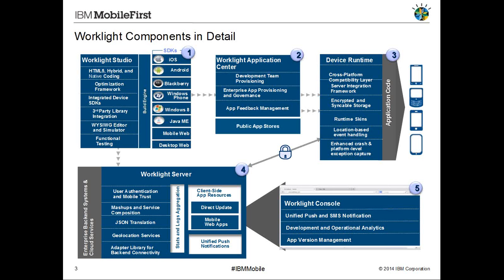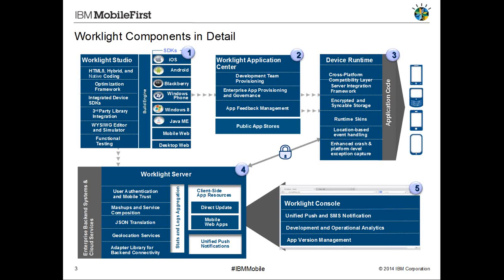The fourth component is the Worklight Server that sits within the firewall of the enterprise. This ensures that there is communication between the phone, the installable on the phone, the APK for that matter, and the enterprise systems that an organization has. I need to ensure that my API calls are not exposed over the installable on the phone.